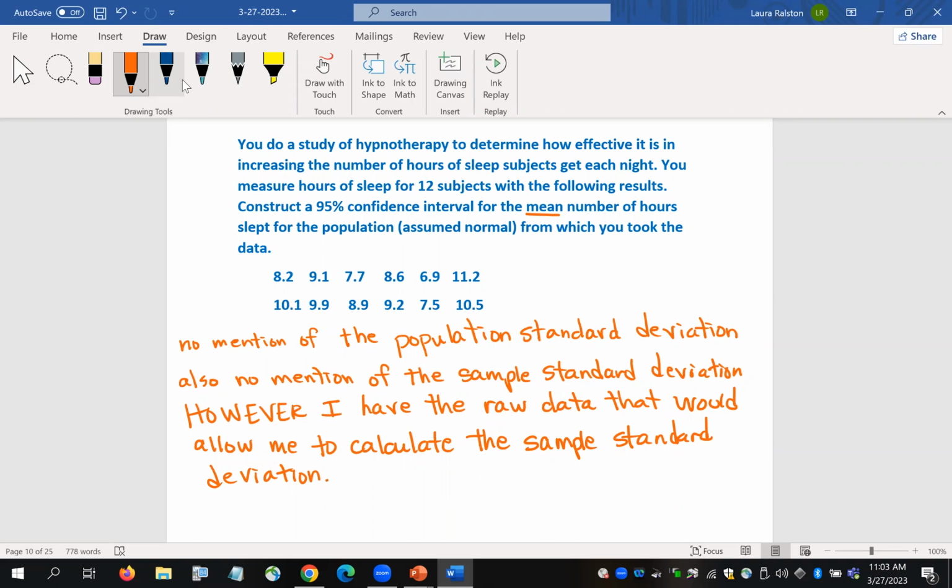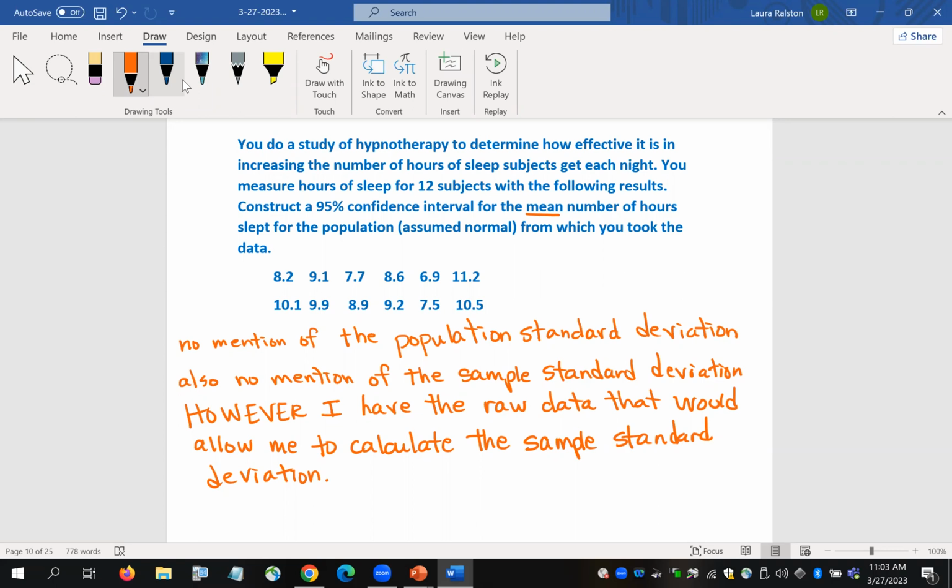Okay, again, guys, you got to think this through. If you are not given the population standard deviation, you're out of luck. You cannot do a Z interval. But then as you read through this problem, it doesn't mention the sample standard deviation either.